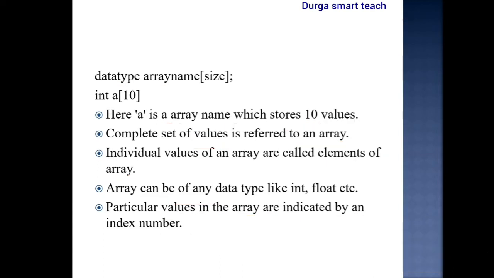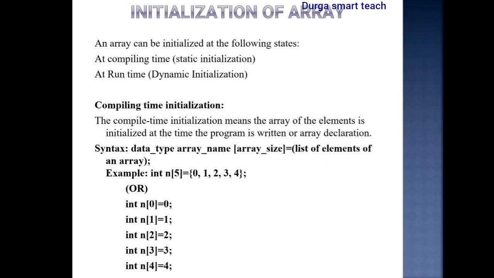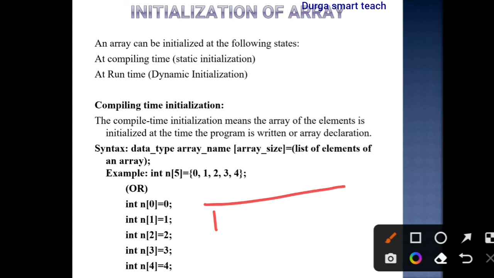Next, let's see how to initialize values, how to store values in the memory. By declaring, we allocate memory. If you want to store values in those memory locations, you need to use initialization of the array.